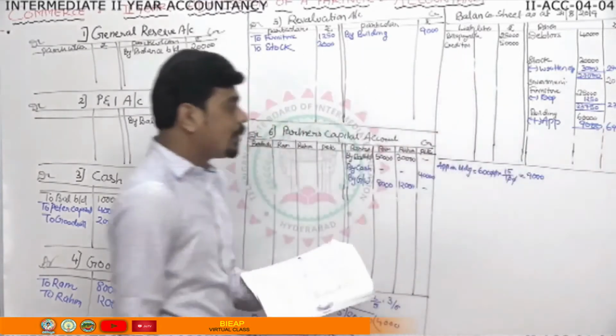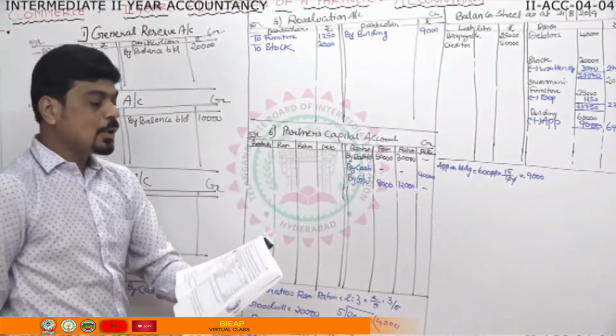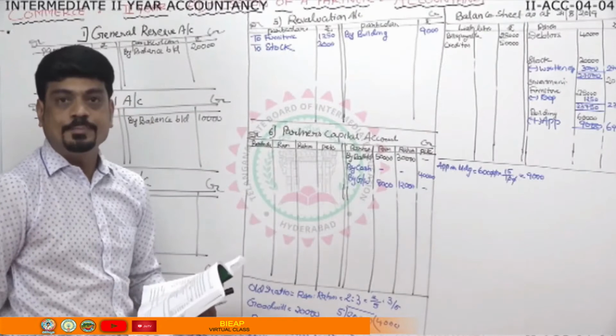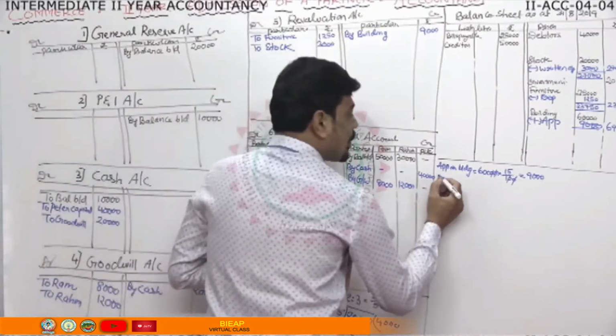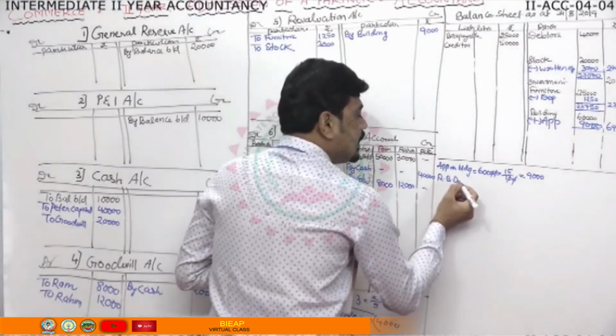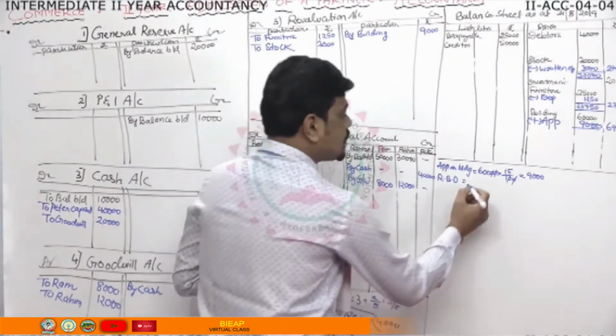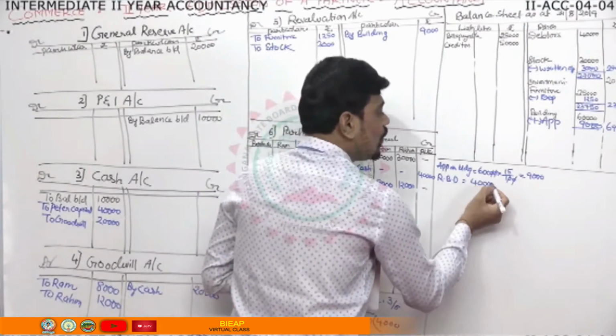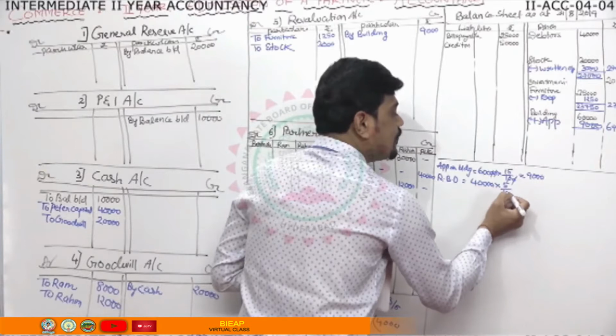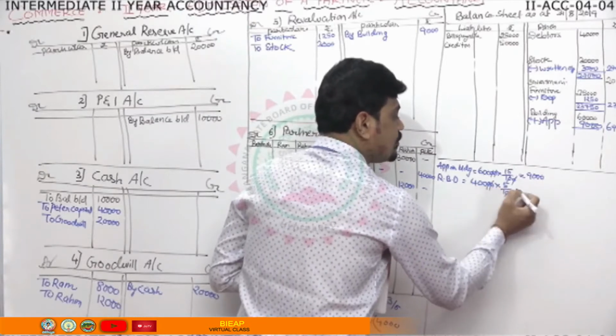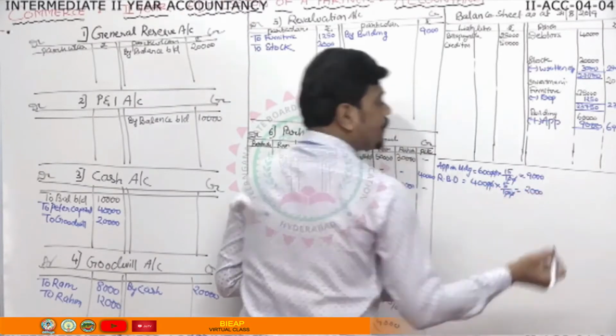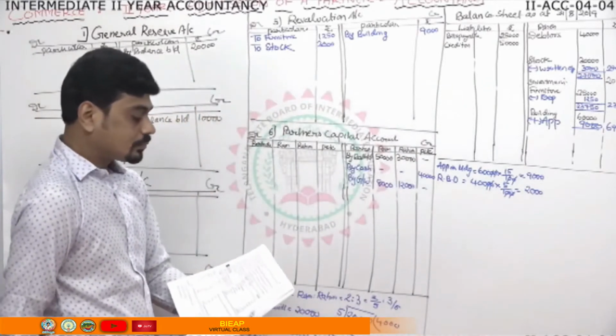69,000 here. Then they told us to create a provision for bad debts at 5%. So RBD or PBD, you can write on debtors 40,000 into 5%. Same adjustments we have done in the first year. So 2,000.